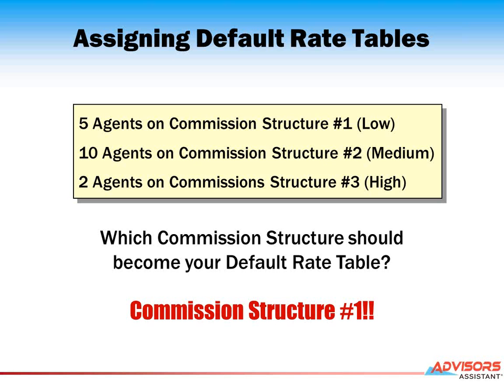And I'd rather underpay the commission and correct it later than overpay the commission. So that's just the thinking behind the setup on the default being the low commission structure versus a higher structure. But once again, there is no right or wrong answer here. It's your database. You can set it up the way you'd like.